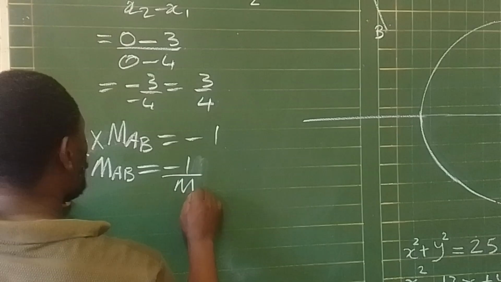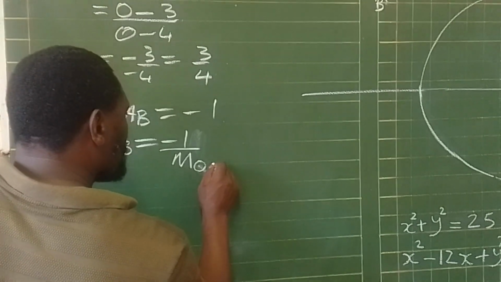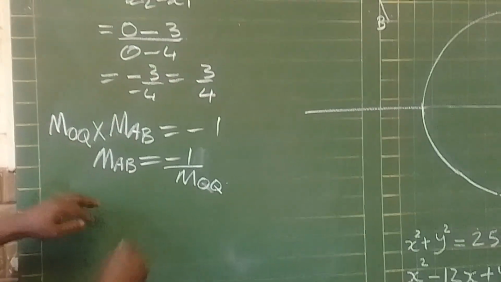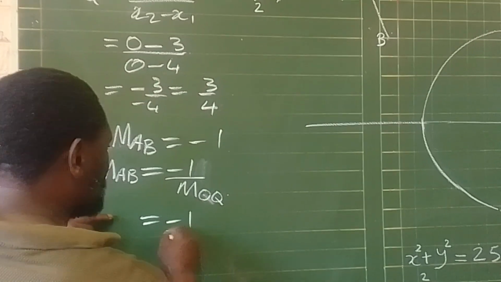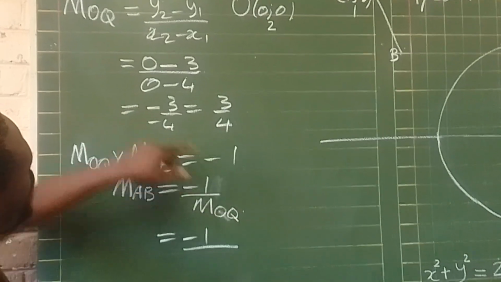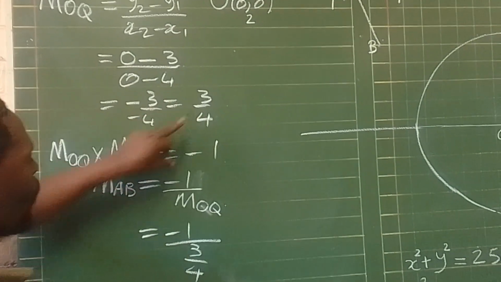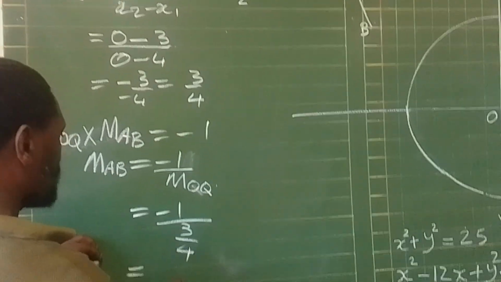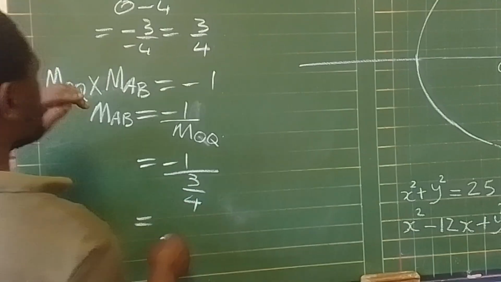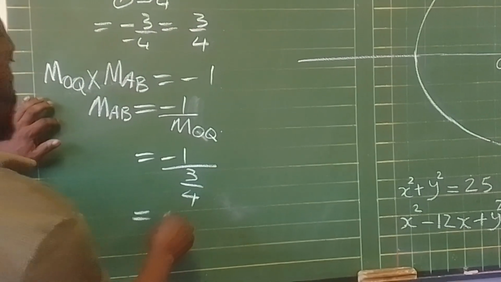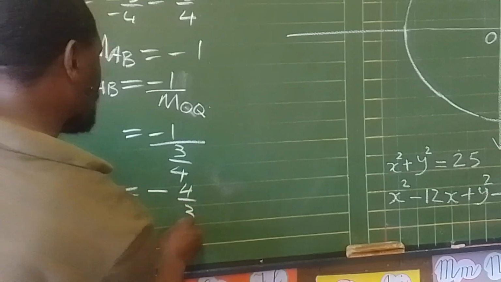So minus 1 divided by 3 over 4. You change this, and you find that it is going to be minus 4 over 3.